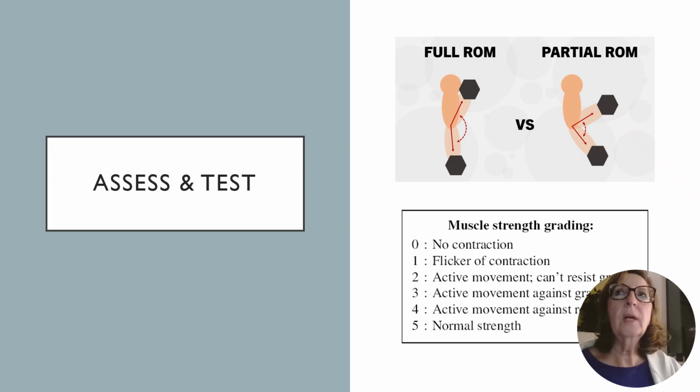When we're testing muscles range of motion, you can see on this slide here, the top part, full range of motion versus partial range of motion. And so as a nurse, you're going to be aware of how much motion a joint has. So for example, a shoulder joint has a bigger range of motion because it is a ball and socket joint, as opposed to the elbow, which is a hinge joint, and it can only move in one direction.